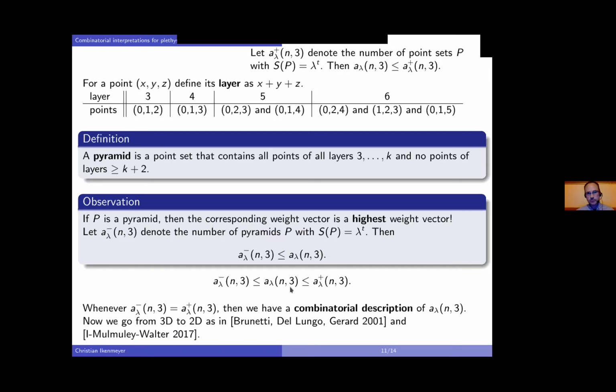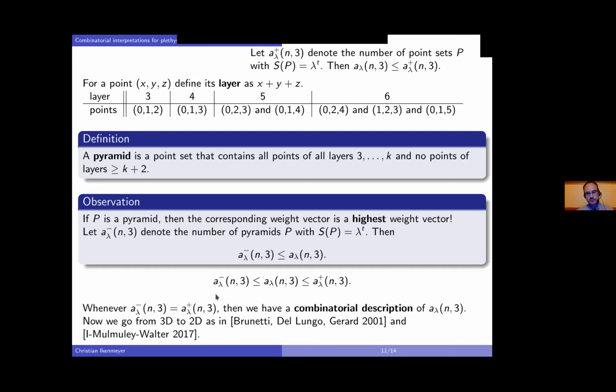So here we have an upper and a lower bound for the Plethysm coefficient. The upper bound counts any point set with a specific sum marginal. The lower bound counts the pyramids with a specific sum marginal, and they squeeze the Plethysm coefficient. This means that whenever a minus is equal to a plus, there's a combinatorial description. And that's perfect because the combinatorial description enables you to do whatever you want. You can prove hardness now with this description.